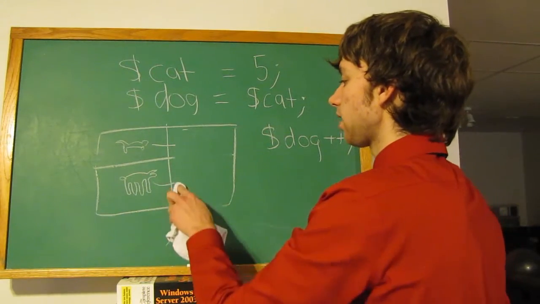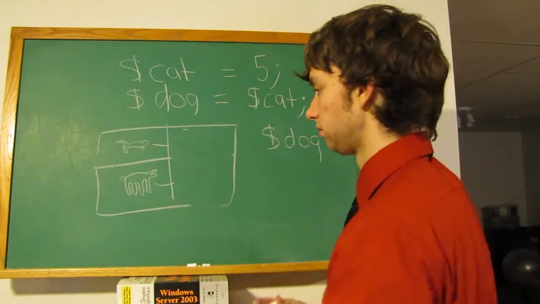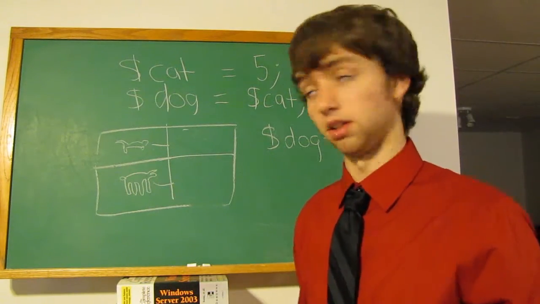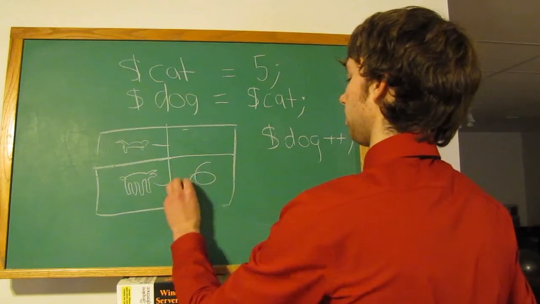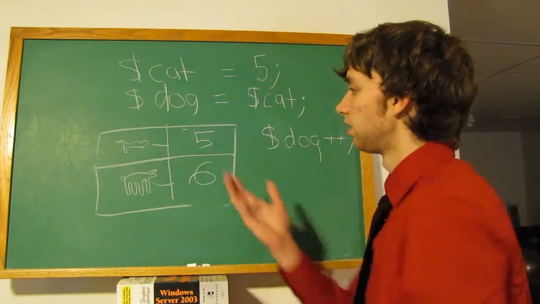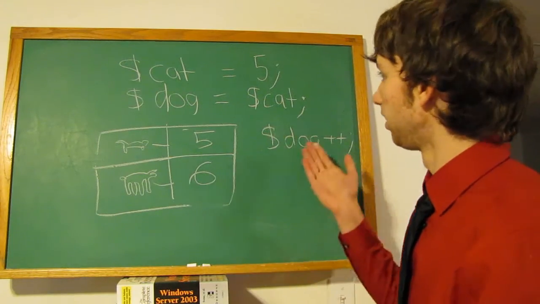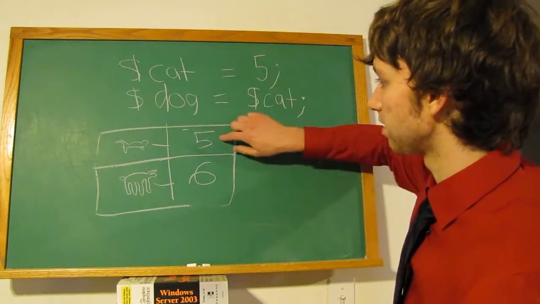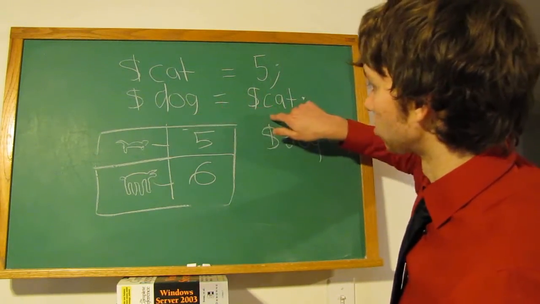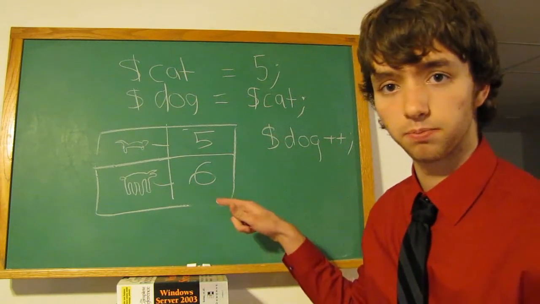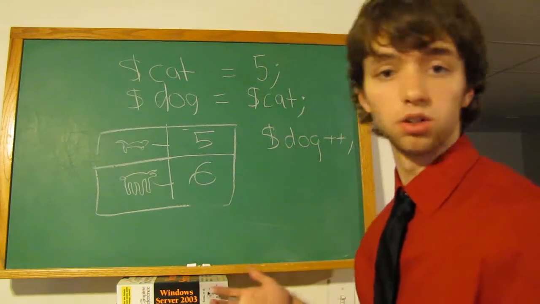So cat has a value, dog has a value. Does that make sense? Good, I'm glad it makes sense. So, as we have it now, cat is 5, dog is 6. That's because cat was originally assigned 5, dog stole that value, made it its own, and then we incremented it up to 6. Cool? Cool.